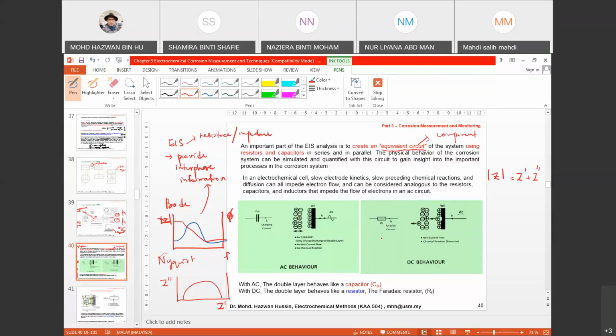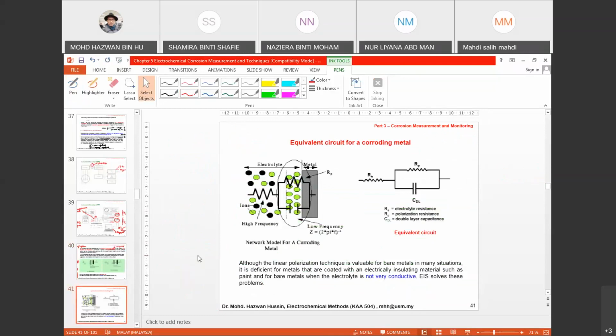So when you measure a simple metal in electrolyte, you will get a Bode plot like this. There's a trick to know what electrical components you will have in your system based on your Bode plot or Nyquist plot. You will get to know this in detail after this.